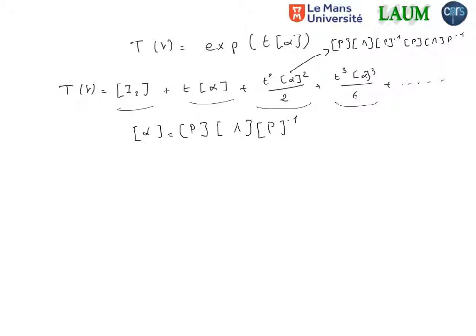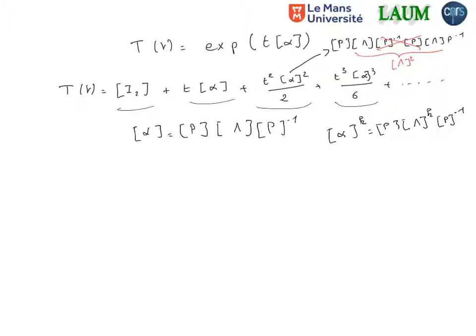And then this P minus 1 P is the identity, and then here we have matrix lambda square. And then we can generalize this expression to say that alpha at the power k is equal to P multiplied by lambda at the power k multiplied by P minus 1.